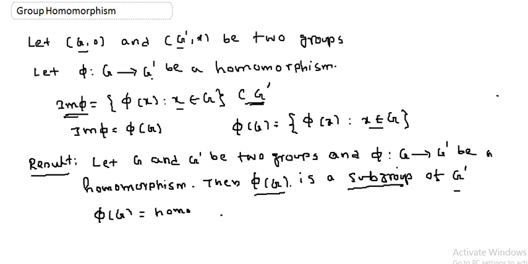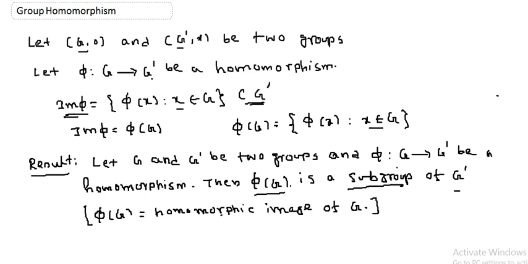We are going to use this word homomorphic image because phi is a homomorphism and this is the image of the group G. So phi of G is called the homomorphic image of the group G.